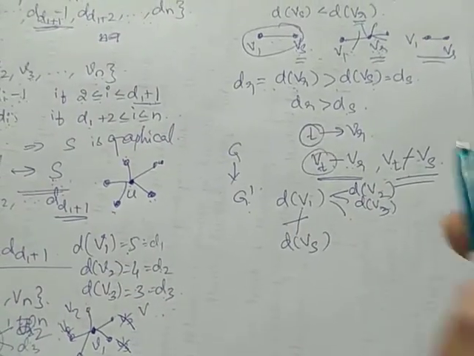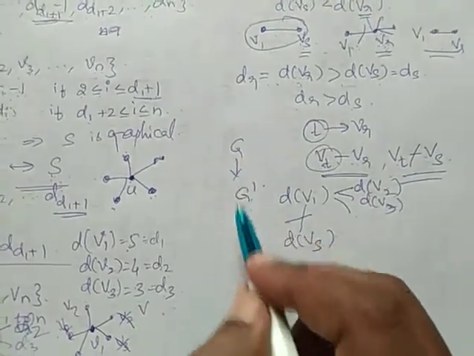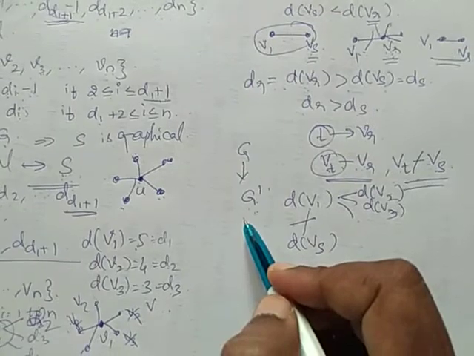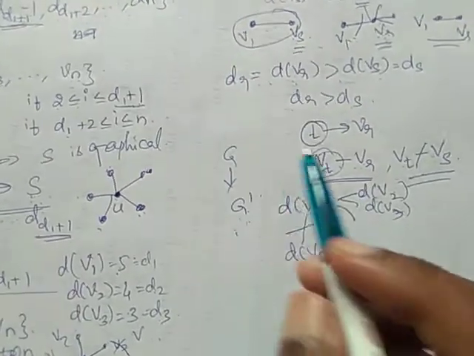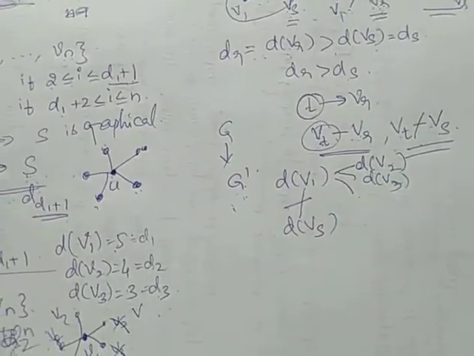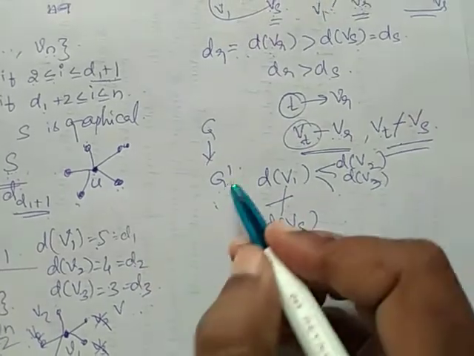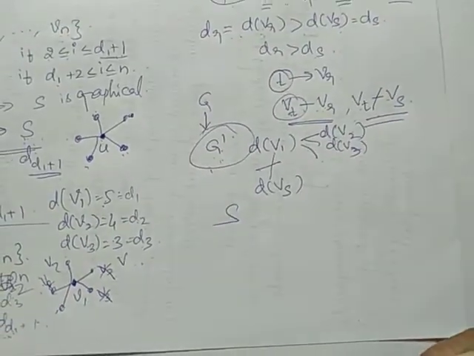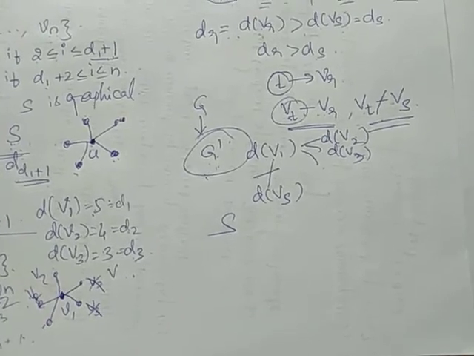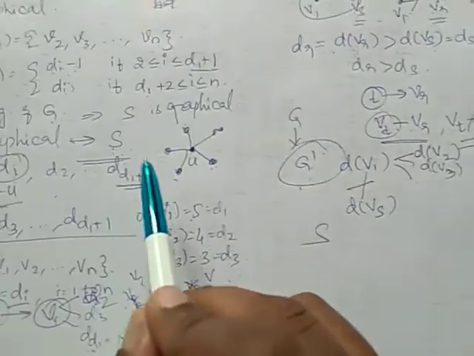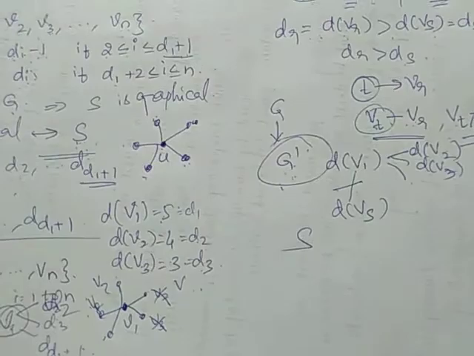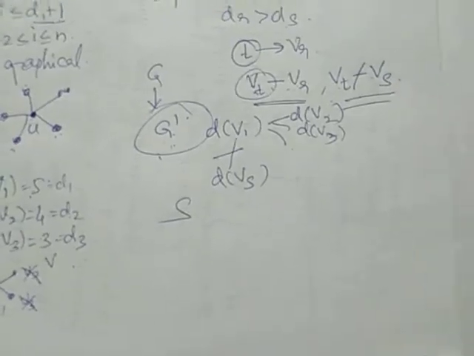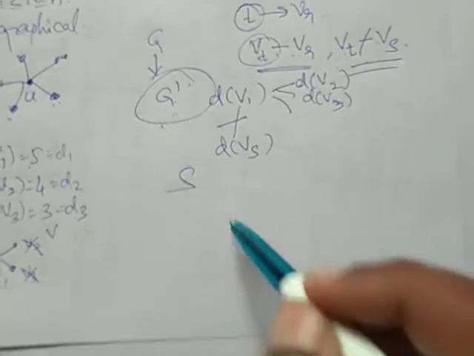Therefore, G and G dash have the same vertex set and the same number of edges. Now, S is the degree sequence which satisfies the condition as in our case 1. So hence this theorem is proved.